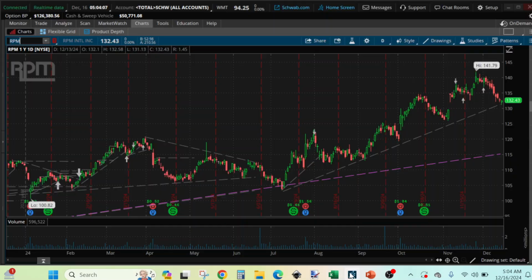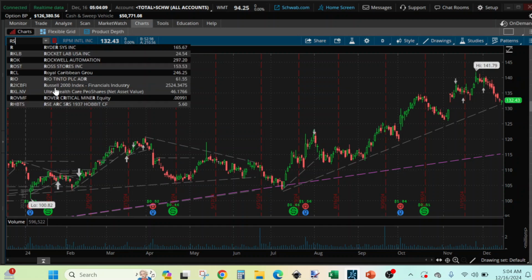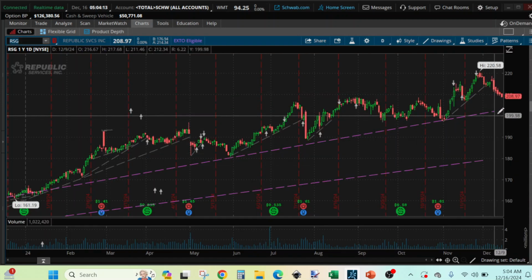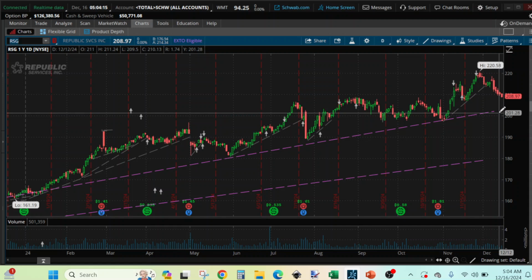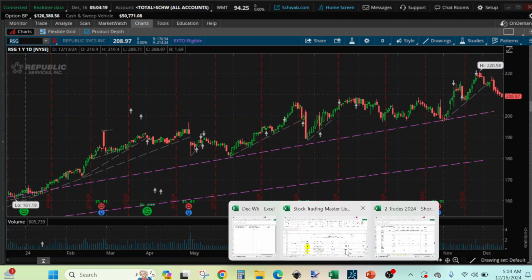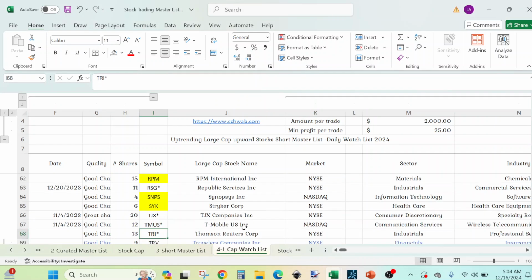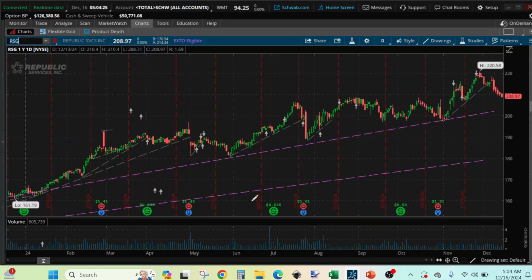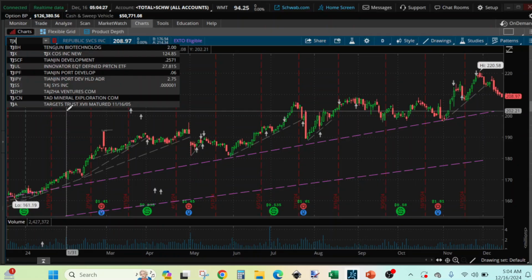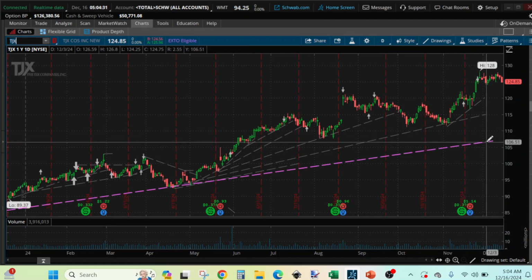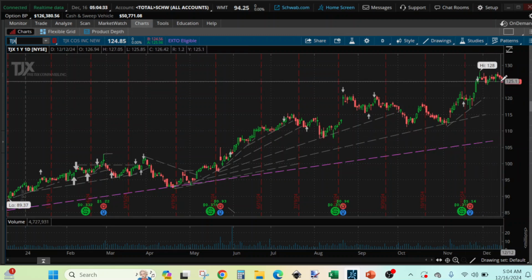RSG is pulling back, and we like to aim for the 1 year trend line to enter when it's leaving that line. TJX, and TJX, we are aiming for that line, and right now it is up right there.